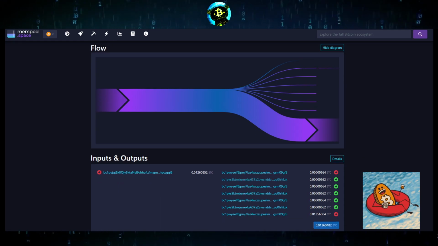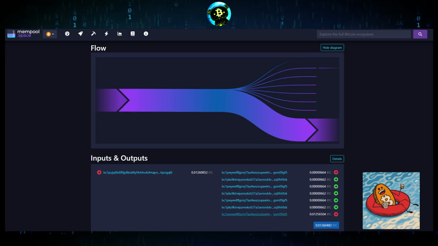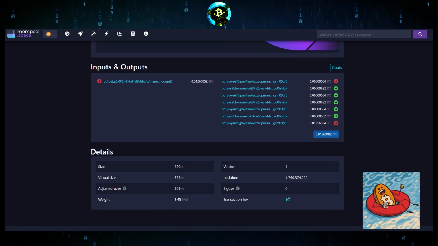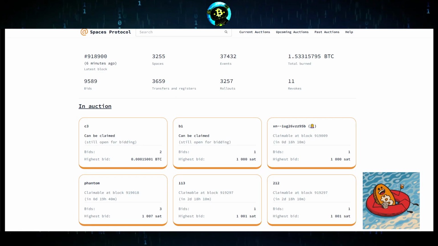All right, so here's what we got here. Inputs and outputs. So we're creating 1, 2, 3, 4, 5, 6 different outputs on top of our change address. So we get a change address here. And then 6 different outputs. I thought, though, what happened was you paid the guy.